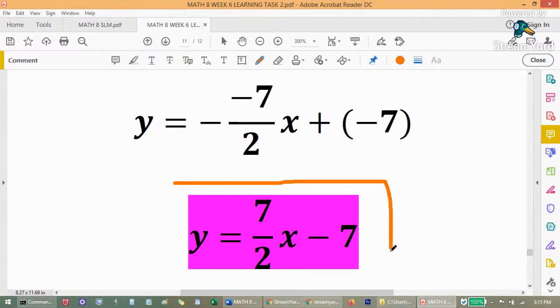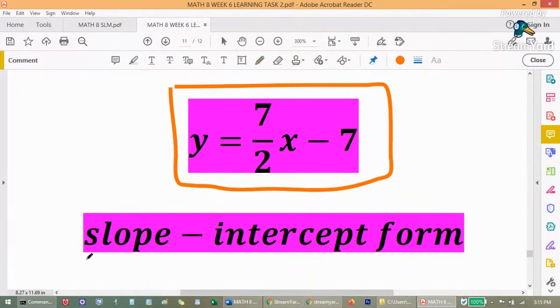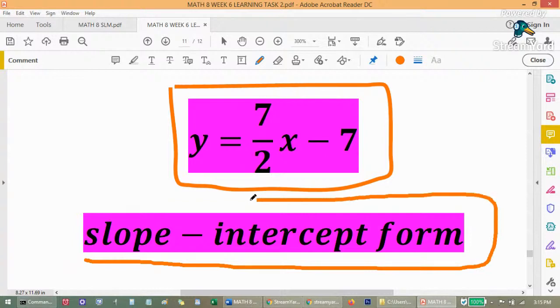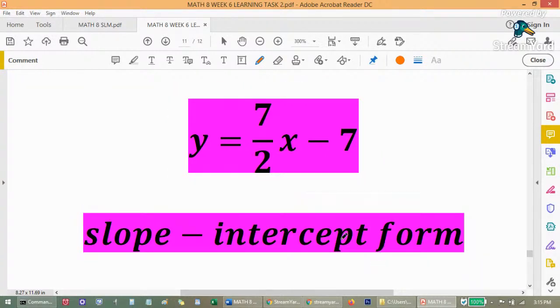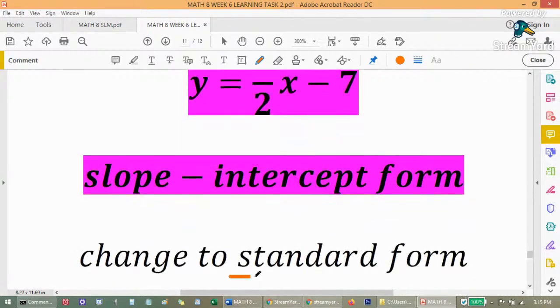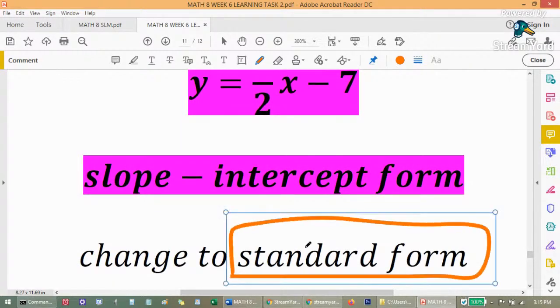Therefore, this is the equation of the line in slope-intercept form. Let's change that to standard form.